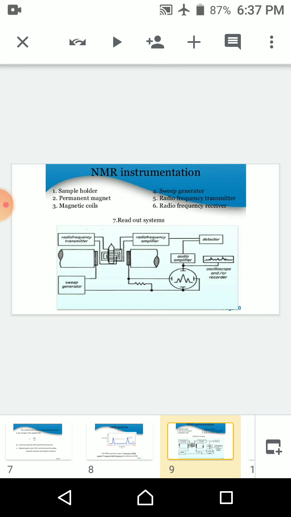Radio frequency transmitter, then after, first of all, the sample holder. In the sample holder we put the sample of which we want to receive the NMR spectrum.